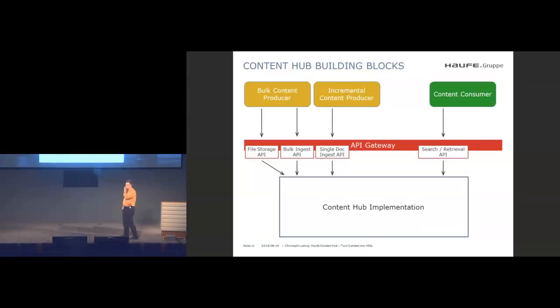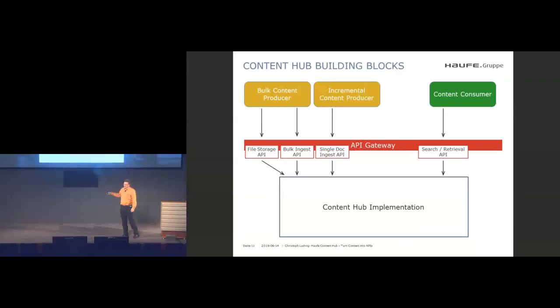When we took a closer look, we realized, it's not that simple. We actually have two fundamentally different types of content producers, at least at Haufe. There are the bulk content producers that run batch jobs. And at the end of this batch job, we have content archives with hundreds of thousands or even millions of documents in there, some binary content, and the zip file is about 1 gigabyte or multiple gigabytes large for the large products.